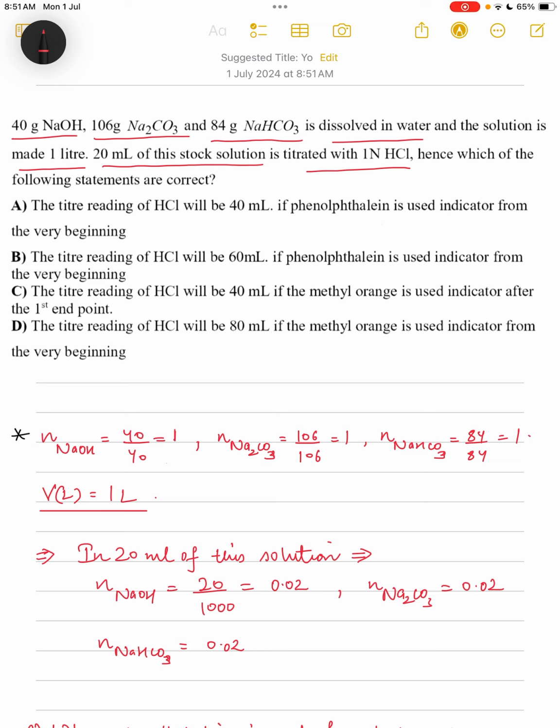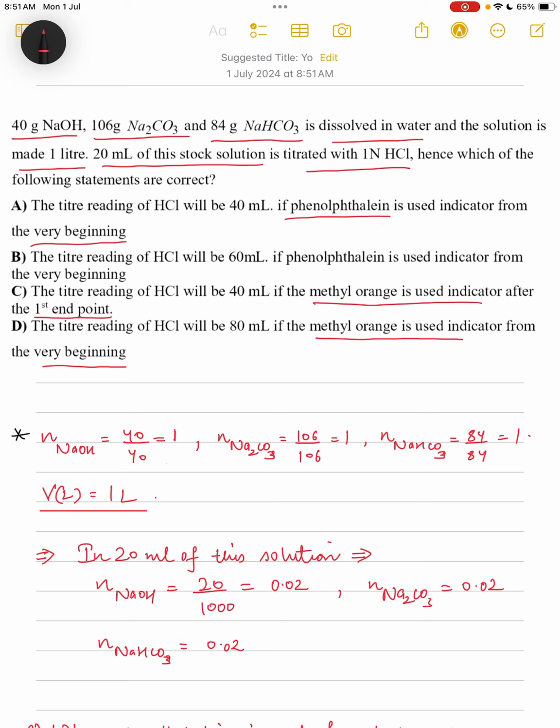Now the question is asking which of the following statements is correct. Four statements are given, and these basically cover three different ways we perform the titration. The first way is if we use phenolphthalein from the beginning. The second way is if we use methyl orange from the beginning. And the third way is that methyl orange is used after the first endpoint.